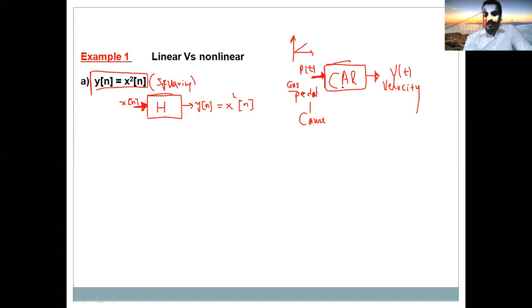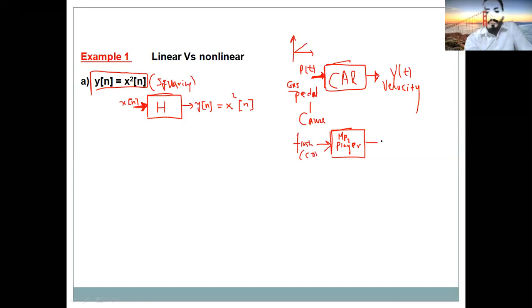For example, take an MP3 player or a stereo. Here you connect what? Your flash disk or CD.